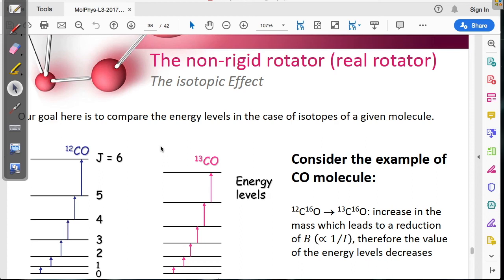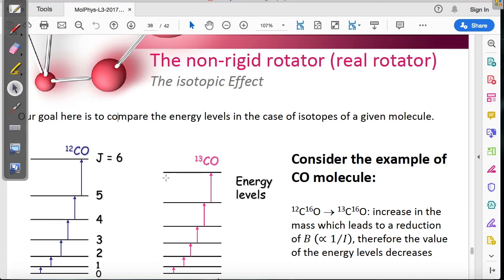This is an example that also implies a certain knowledge of the course itself, and that's called the isotopic effect. Now, as you know, isotopes are basically the same atom but with a different mass, right?